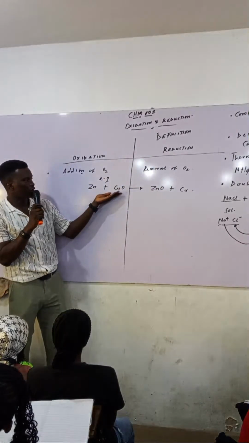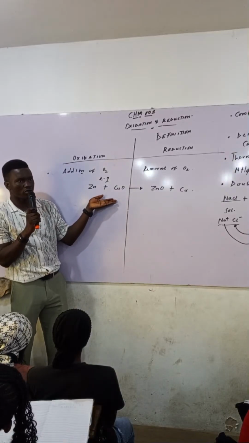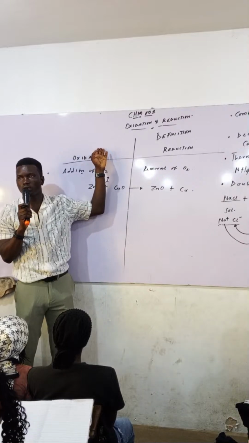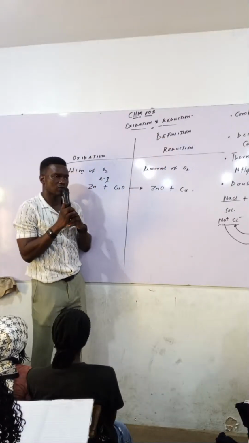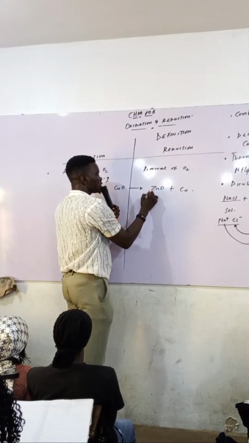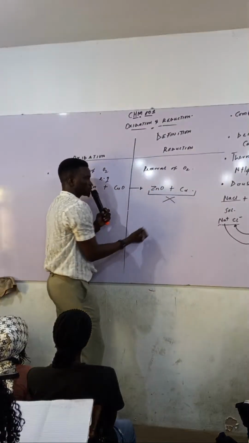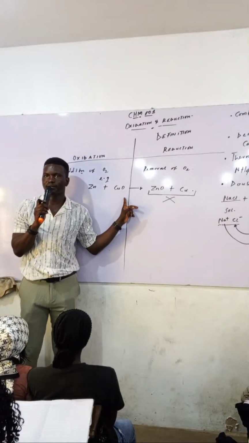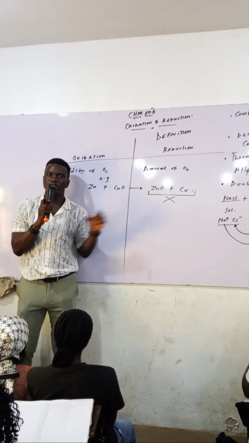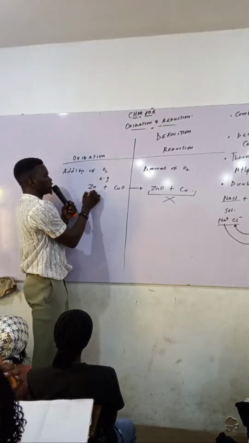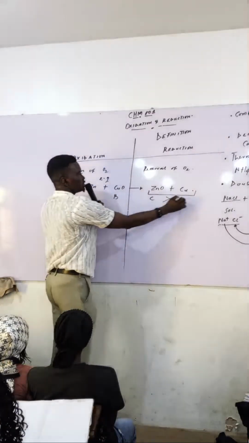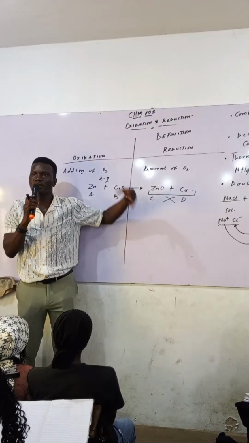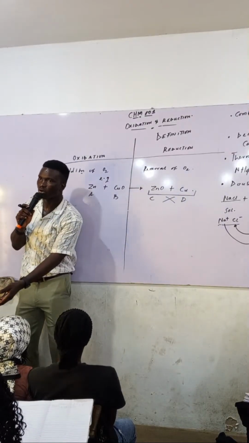So here, every time they ask you which one is undergoing oxidation or which one is undergoing reduction, don't ever pick your answer here. Your answer is between this guy and this guy. Is that taken? Which means that most likely this can be option A, B, C, D. Automatically, option C and D are out. They can never be your answer.